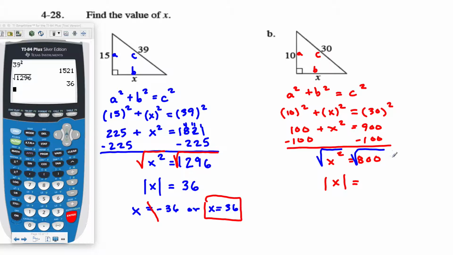Well, what is the biggest perfect square that we know of that goes into 800? Well, I do know that 400 times 2 is the same thing as 800. So that's like saying the square root of 400 times the square root of 2. Square root of 400 is 20. So we should end up with 20 radical 2.